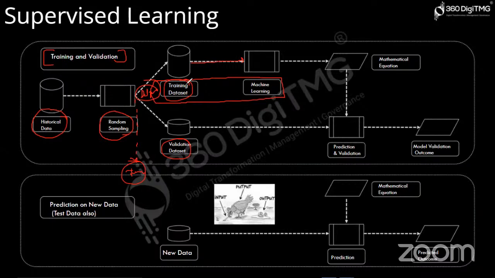Most of the data we take in the training data set. We feed this data set into my machine learning model. Some mathematical equation will be applied, and based on this mathematical equation, I am going to do my predictions here. These predictions will be evaluated.